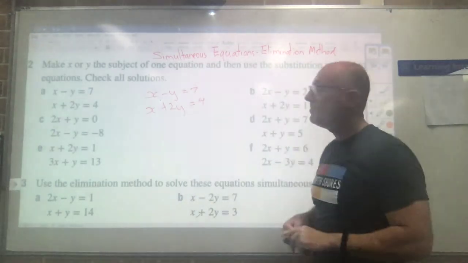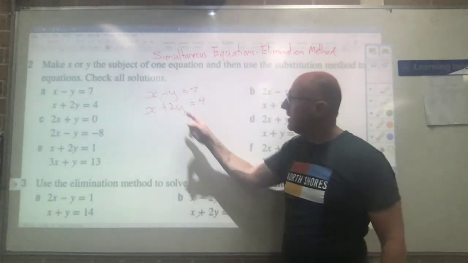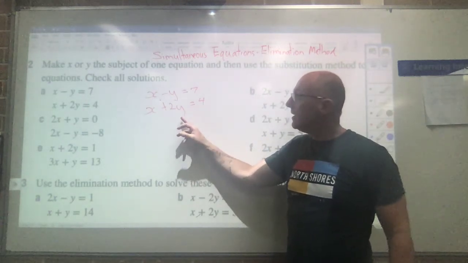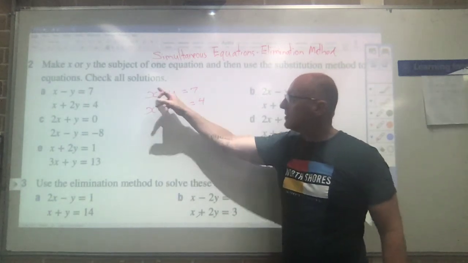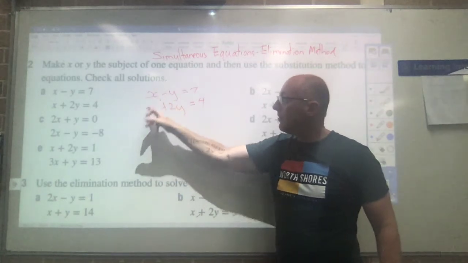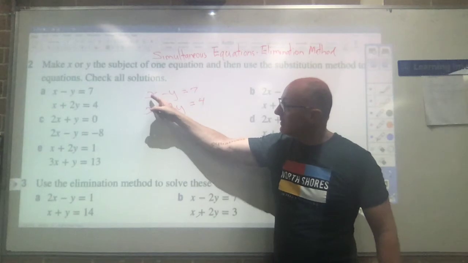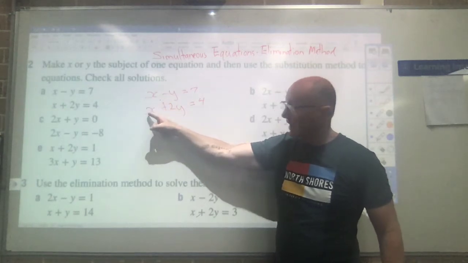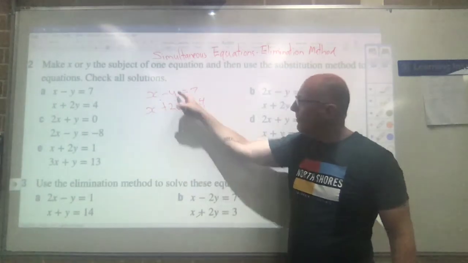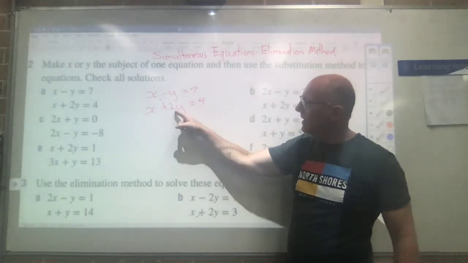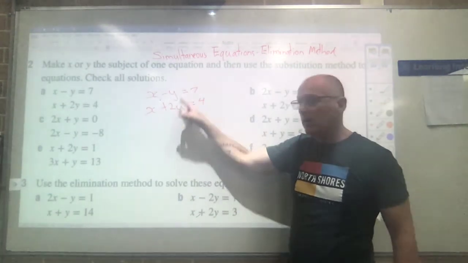With the elimination method, we're looking to see if any of the x's or the y's are the same. We're not concentrating on whether they're plus or minus, we're concentrating on whether the number in front of them is the same. With x, there's an imaginary 1 there and there, so the x's are the same. But with the y's, one of them is minus 1 and the other one is 2, so they're not the same.